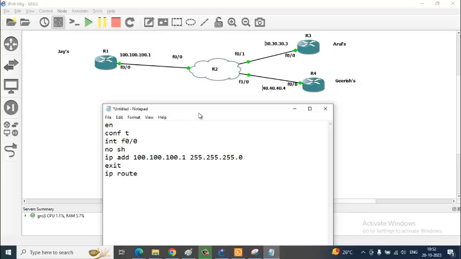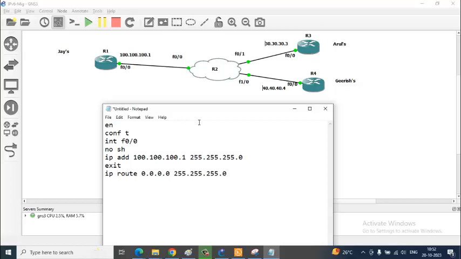In the real world, we will have some reachability either through a default static route towards the ISP, or the ISP may be giving you some routes through protocols like BGP or OSPF or EIGRP. It depends on your ISP. In my scenario, the ISP has not given me anything.